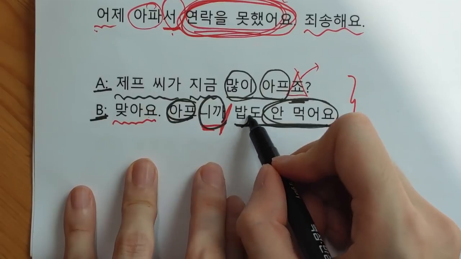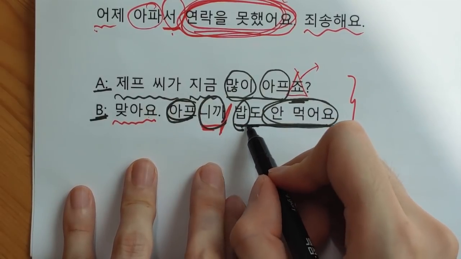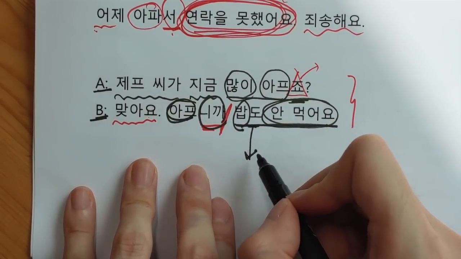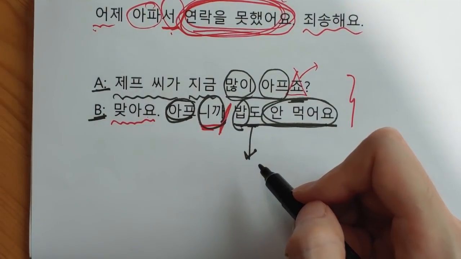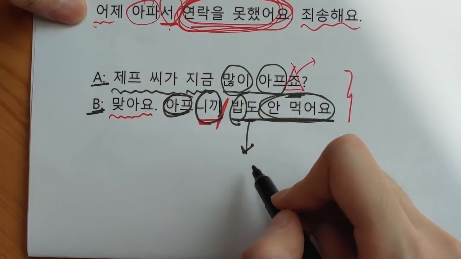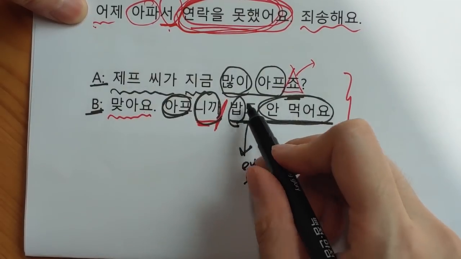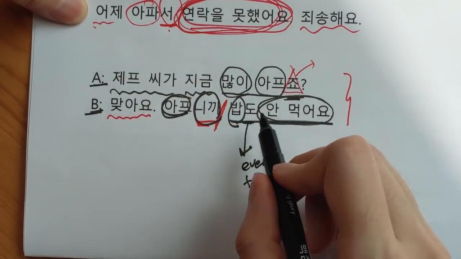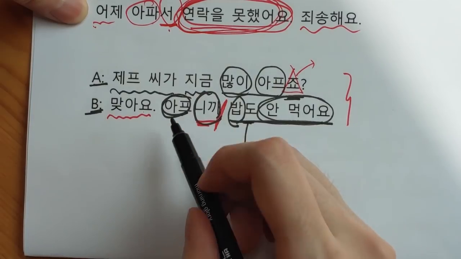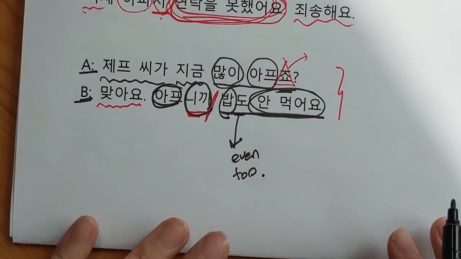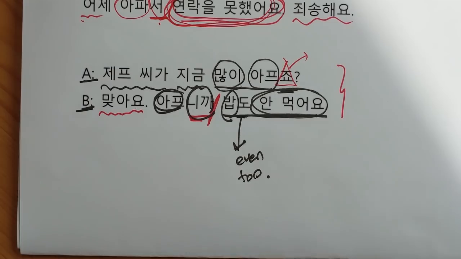Not eat. 밥, meal. 도 is a particle that we haven't learned in depth, but it means even or too. So even meal, not eat. So he doesn't even eat. 아프니까 밥도 안 먹어요. He's sick, so he doesn't even eat. Is the meaning of this sentence.